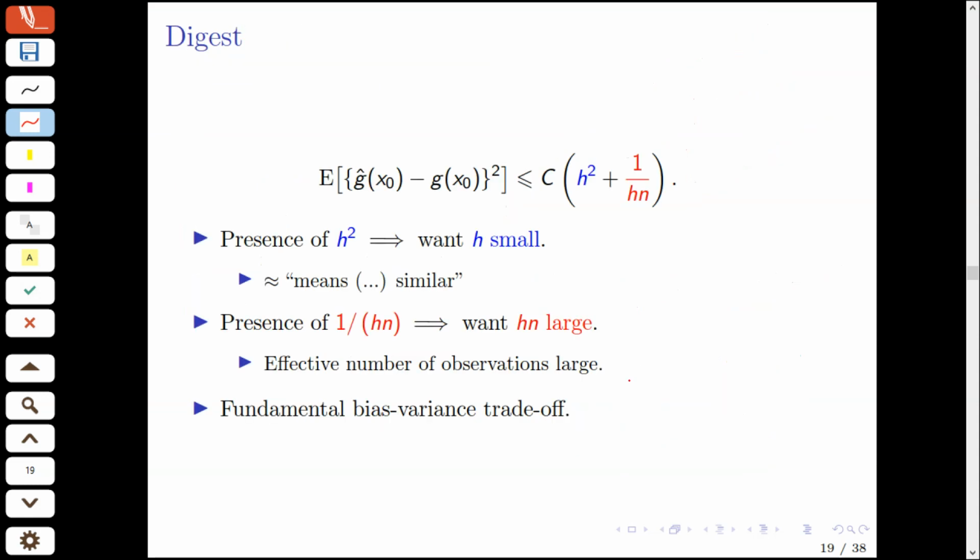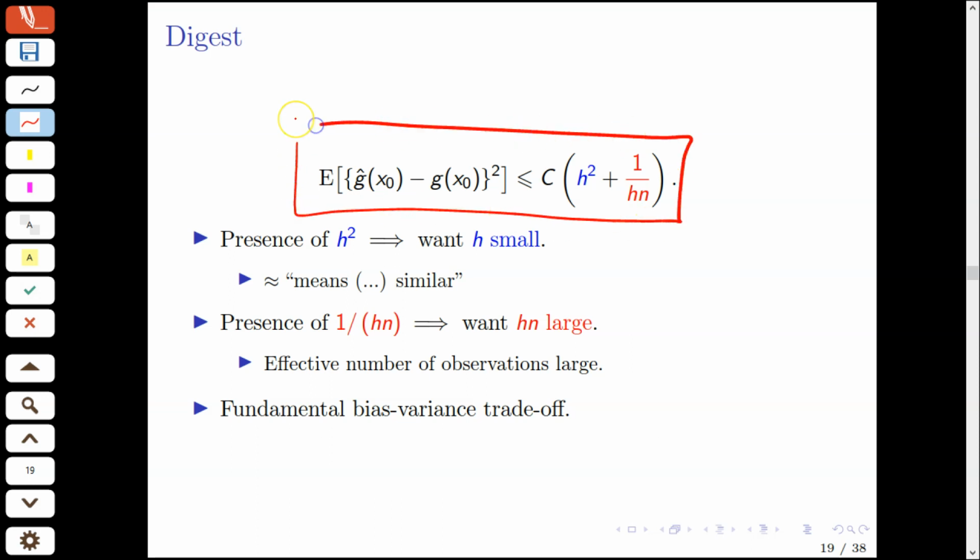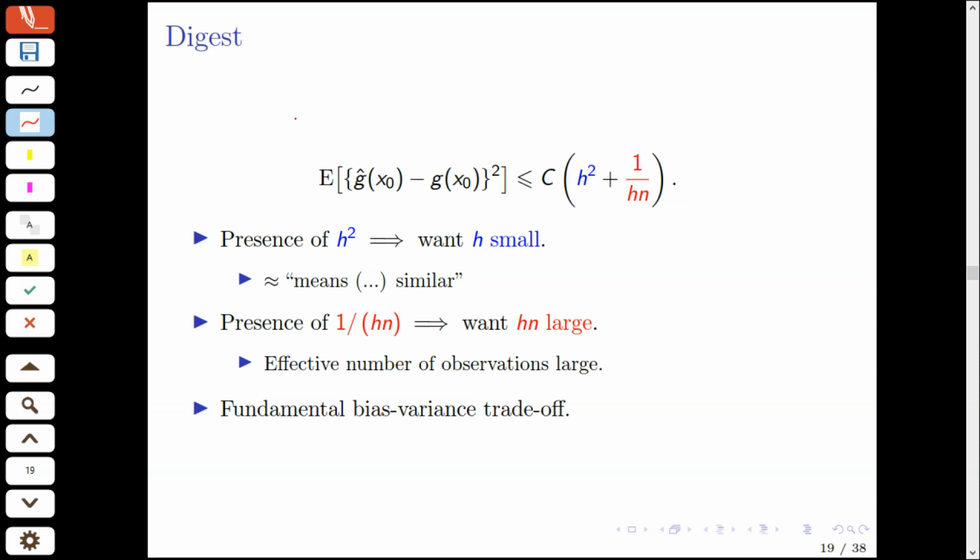All right, let's just spend a moment digesting this result. So here I've repeated our mean squared error bound for the sake of convenience. And let's consider each of the right-hand side contributions in turn. Now ideally, this square difference in expectation, loosely, is a measure of distance.